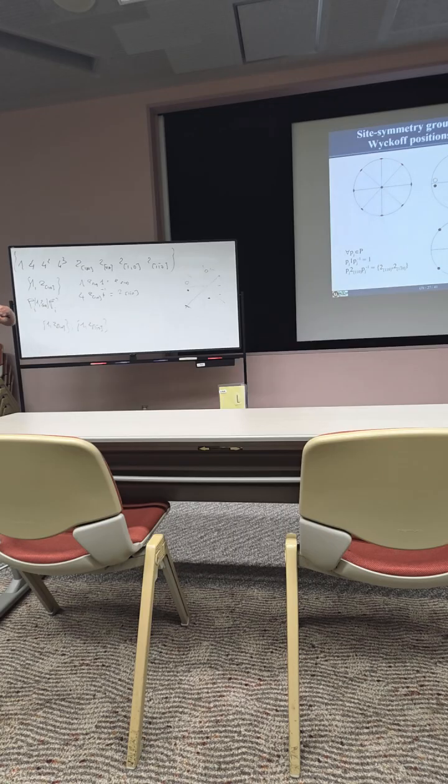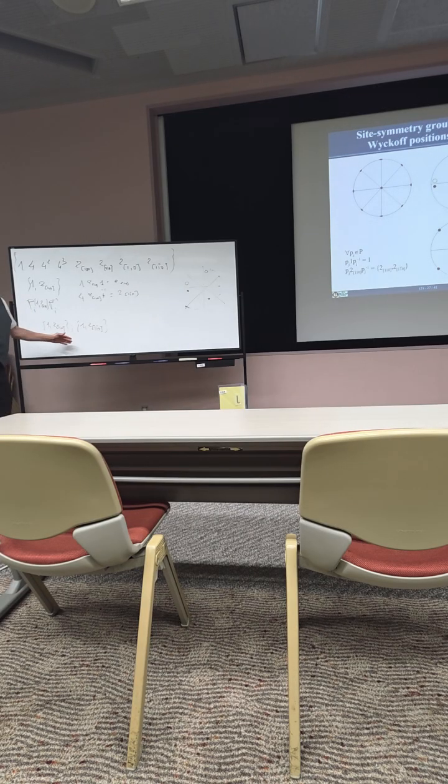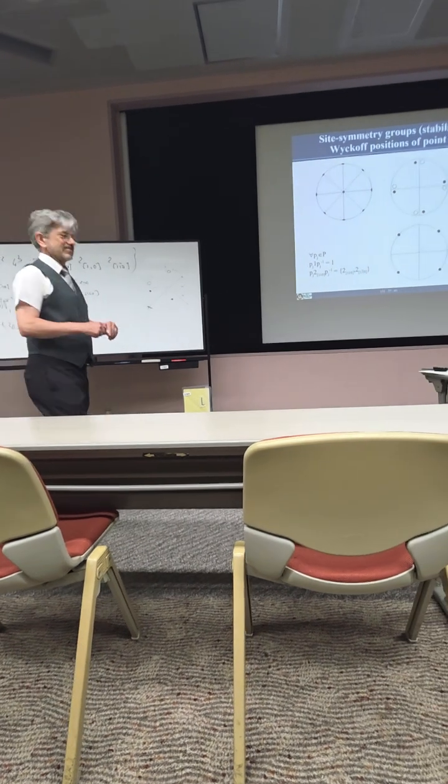Remember, conjugation, you do the same thing somewhere else. If the site symmetry groups of your positions are conjugate under the group, then these positions belong to the same Wyckoff position. This is the definition of a Wyckoff position.